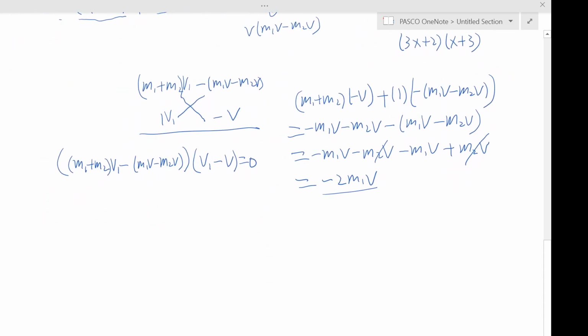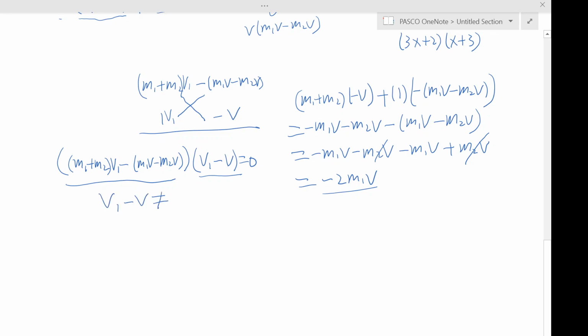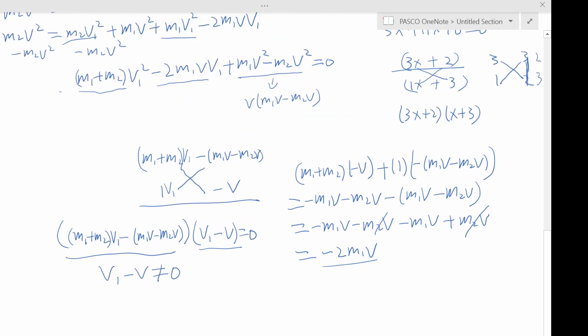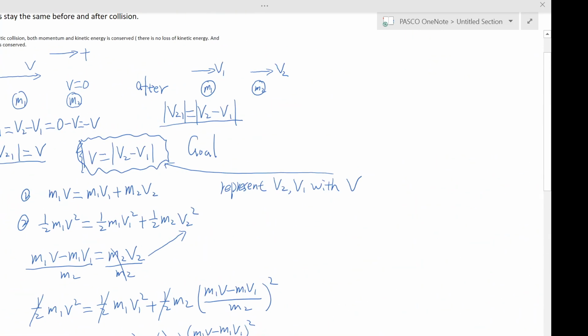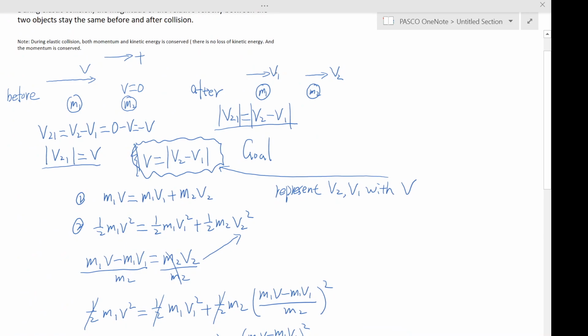All right, so we have two solutions, either this one equals 0 or this equals 0, but v1 minus v cannot be equal to 0, because if you look at the situation here, v1 is going to be either smaller than v, or it's going to be going in the other direction.